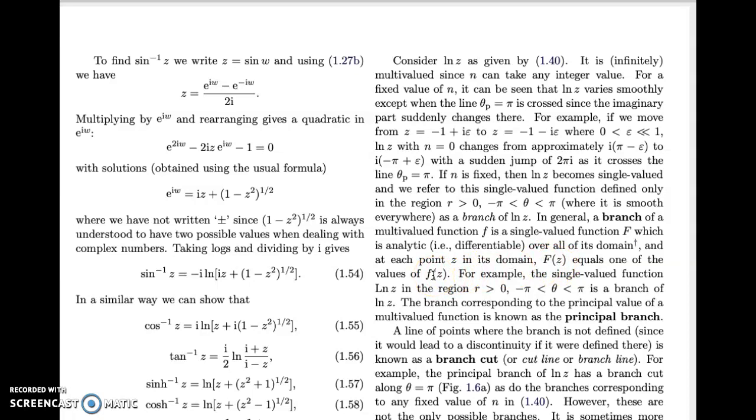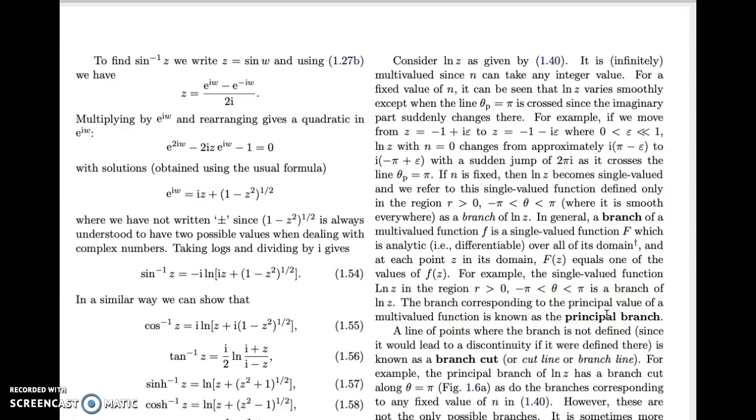So, for example, the single value function principal value of log, capital Log z, is just one of the branches of log z, which is a multi-value function. And normally we call the branch corresponding to the principal value of a multi-value function the principal branch.